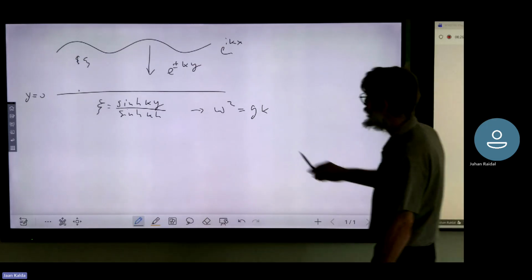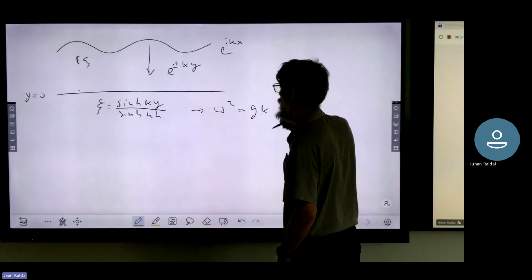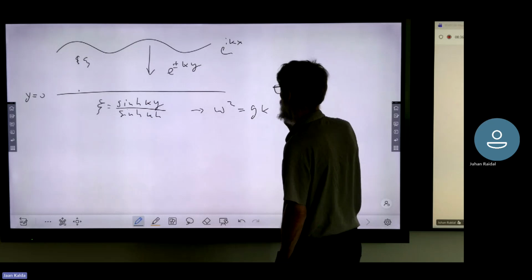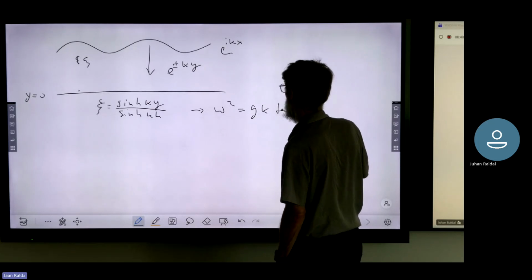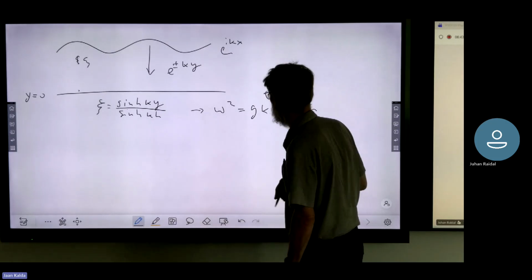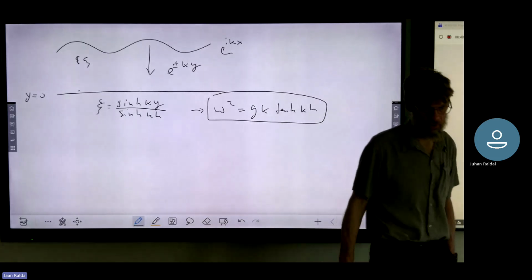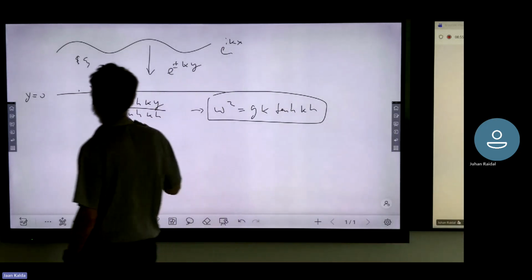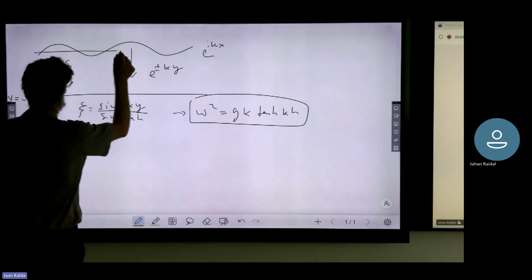If you do all the maths, then those derivatives become hyperbolic cosine and so on. So it becomes the hyperbolic tangent of k times h, something like that. That is the modified dispersion relationship in that case. Well, what is h? h is the depth of the water.